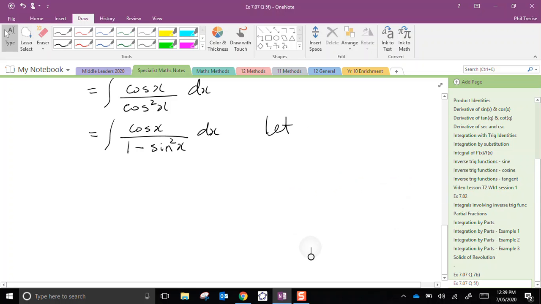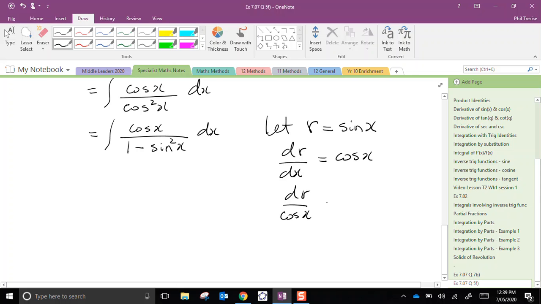Let's go with r. Let r equal the sine of x. So dr dx equals the cosine of x. dr over the cosine of x would equal dx.